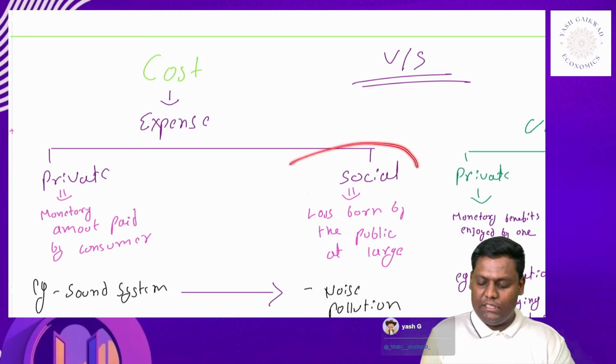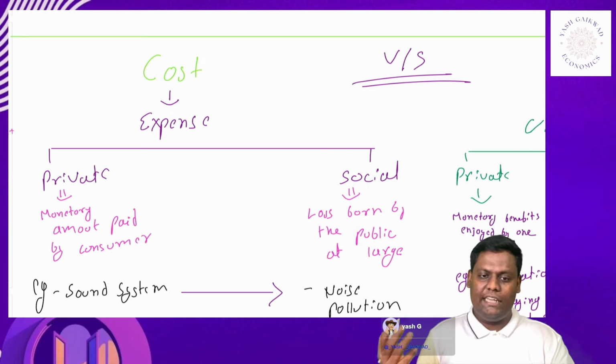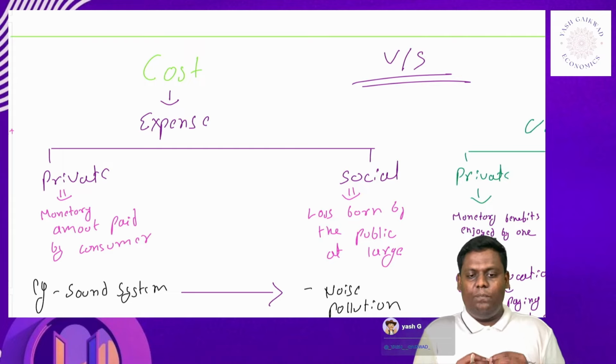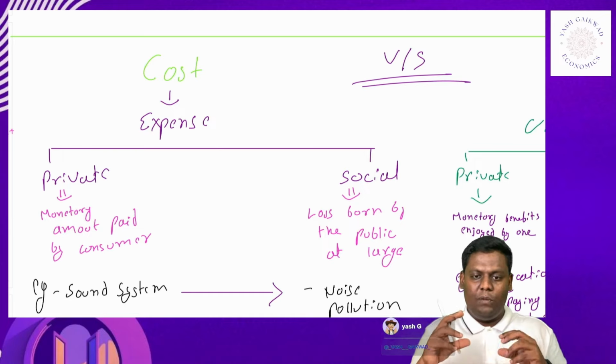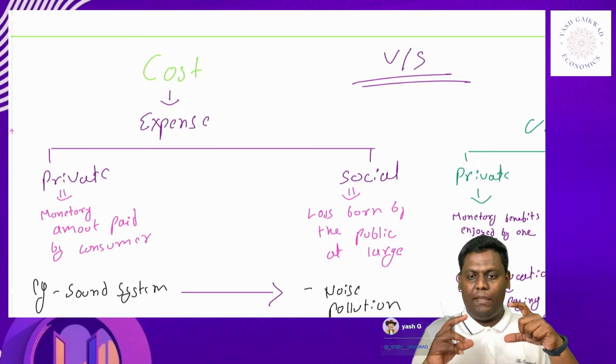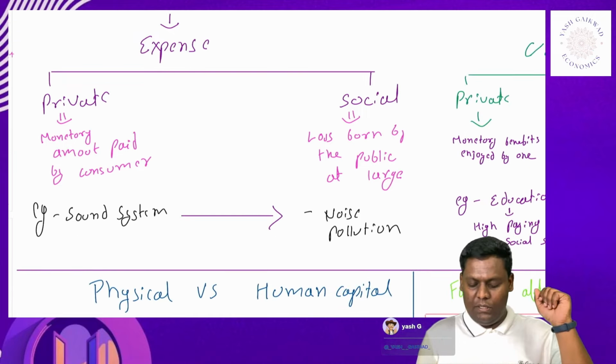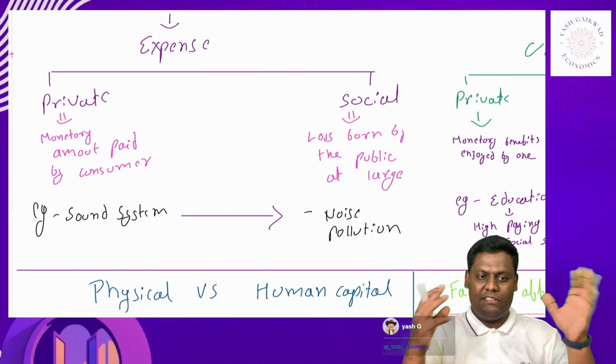And number two is the cost that is borne by society. That is, if I'm enjoying a certain good or a service, what will be the overall cost that will not be paid by me, but would be over and beyond the amount that I pay and would be compensated by society at large.